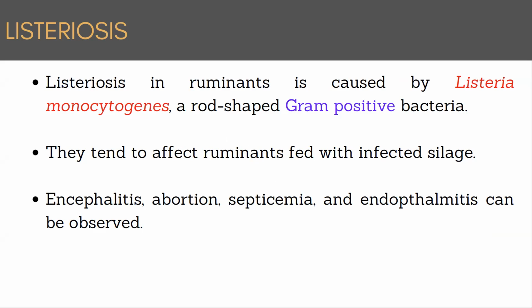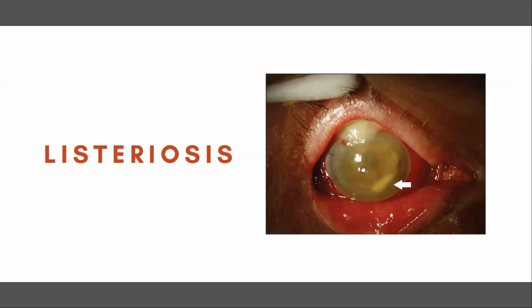So anong signs of listeriosis? So first is encephalitis. So involve ang brain, inflammation of the brain, abortion, septicemia or blood infection, and endophthalmitis can be observed. So ito yung endophthalmitis.